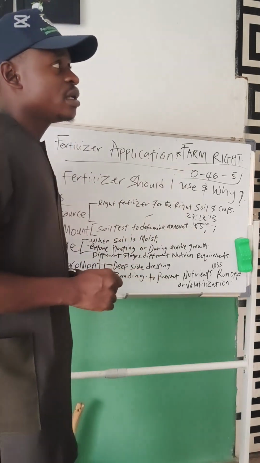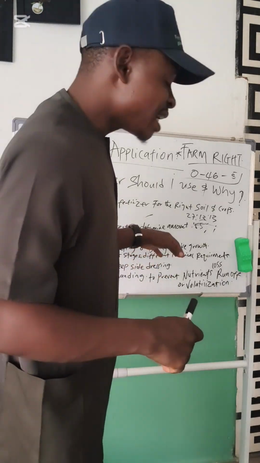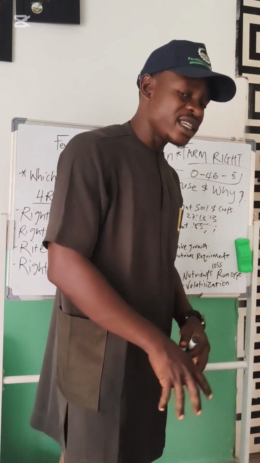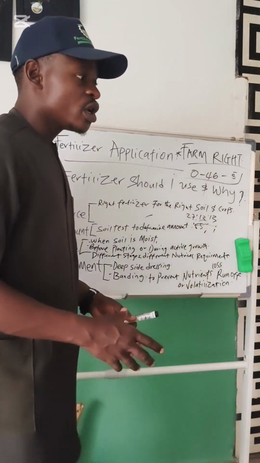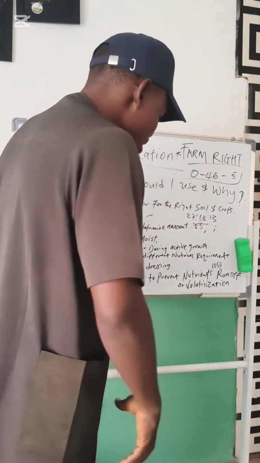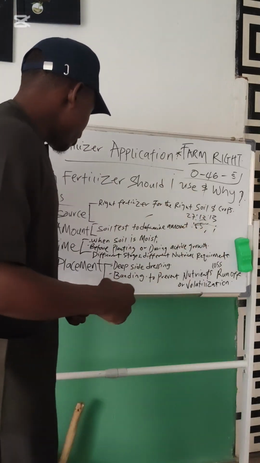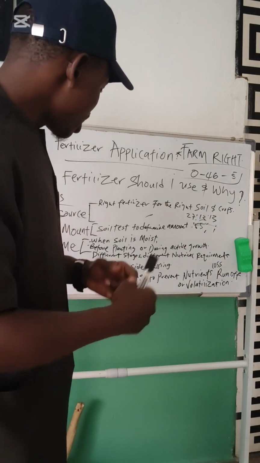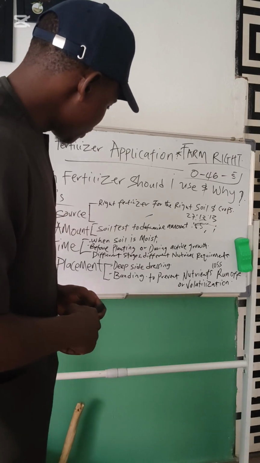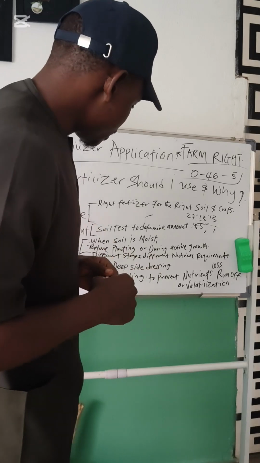That is why it is advised that you apply your fertilizer before planting. During your soil preparation, you make sure your fertilizer is available in the soil, so that when the rain falls on it, it neutralizes the fertilizer. It makes it readily available for your crops to pick immediately, so that even when the sun comes, the fertilizer chemicals will not have much effect on your crops.